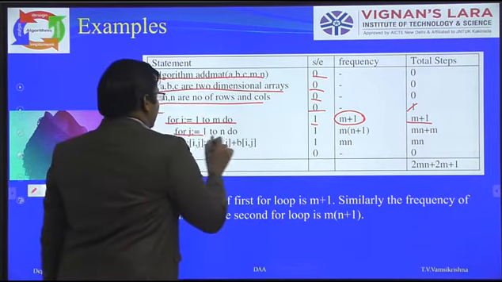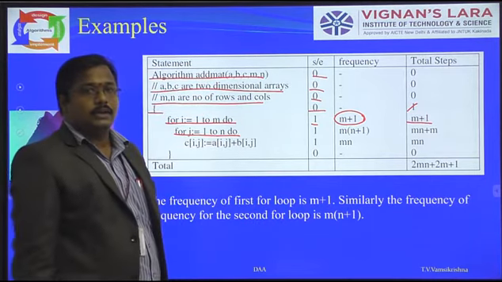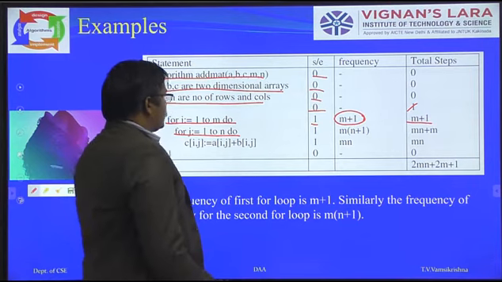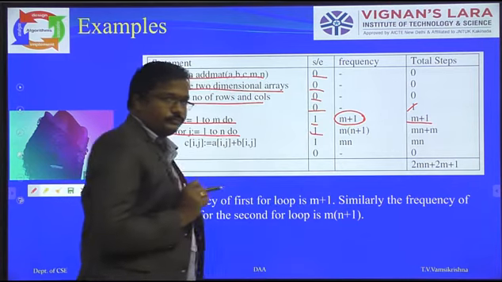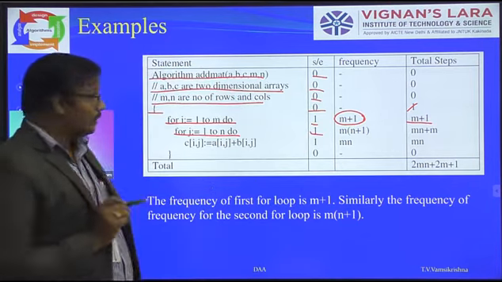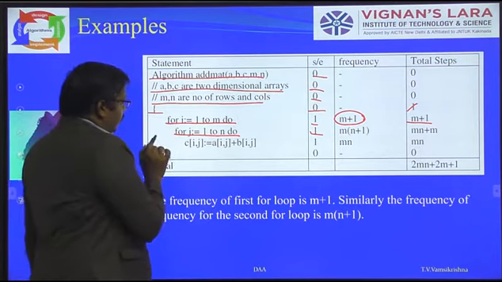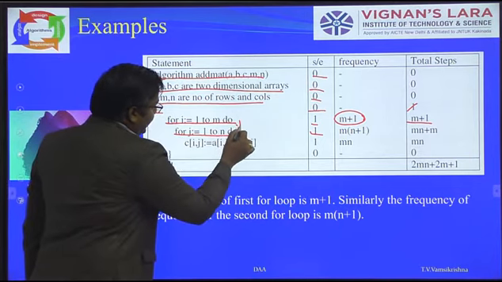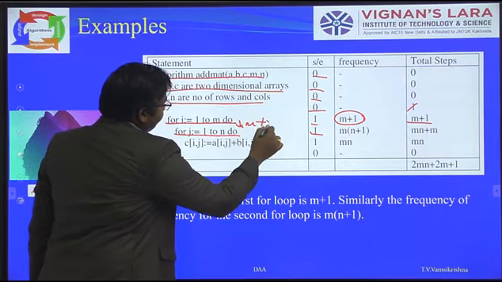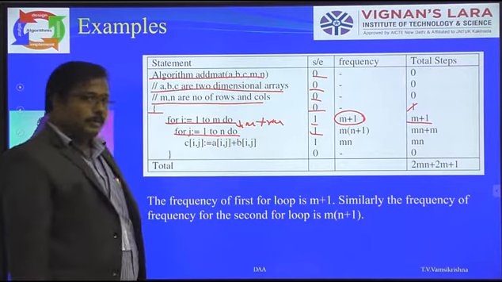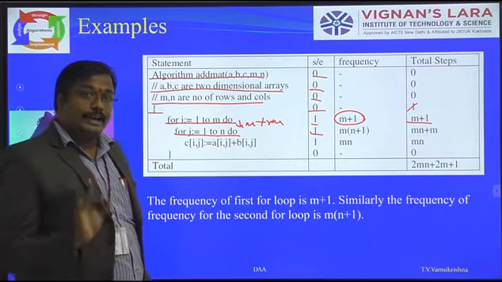Next, for j is equal to 1 to n do. Again the step for execution is 1. This is the nested for loop. The outer loop is true m times, meaning the for loop executed m times.